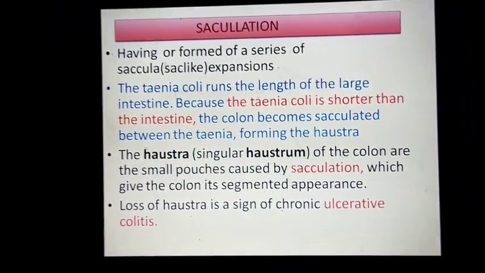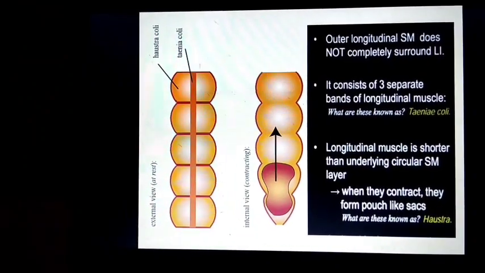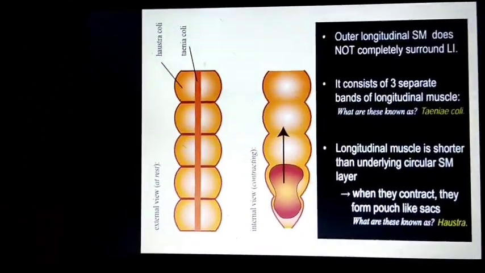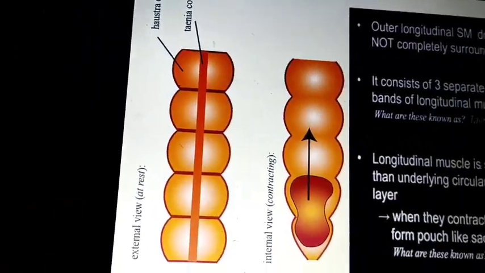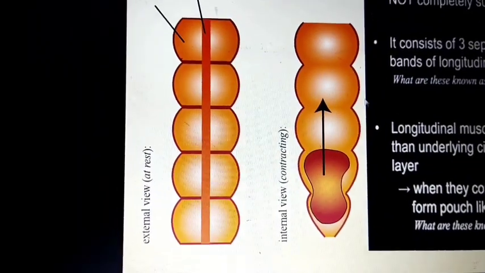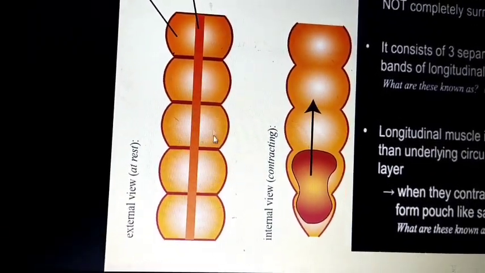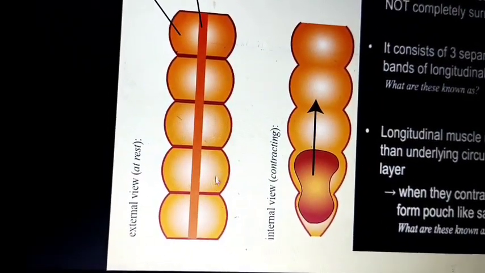You can go to the next slide. The outer longitudinal smooth muscle does not completely surround the large intestine. It consists of three separate bands of longitudinal muscle, called the tinea coli. This tinea coli muscle is shorter than the underlying length of the circular smooth muscle.